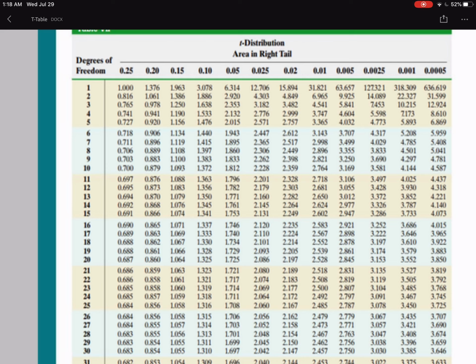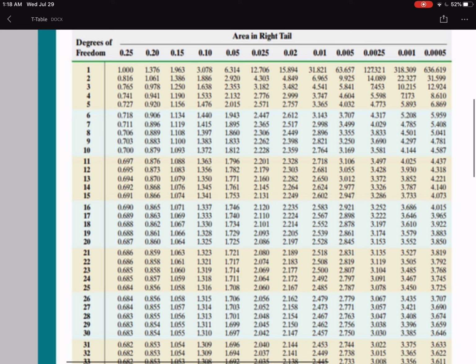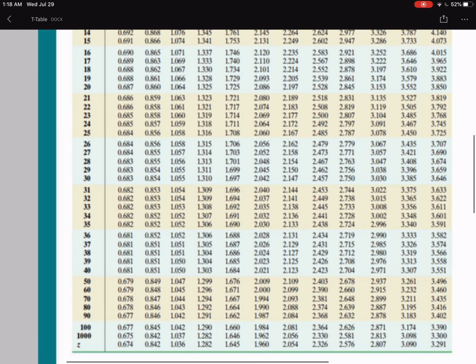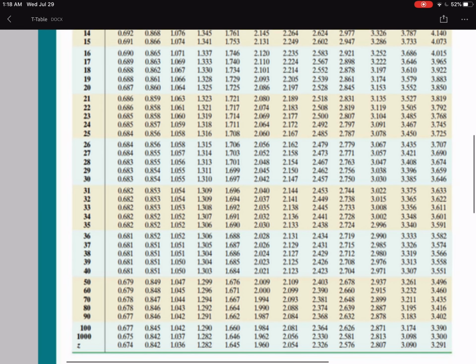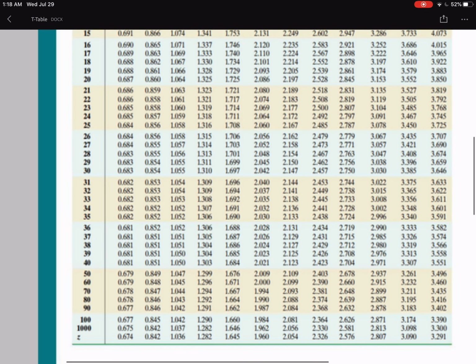we want the area in the rectangle. We want the t-score 0.013. Let me take a look at it. If I can find 44. We don't have 0.013 over here.